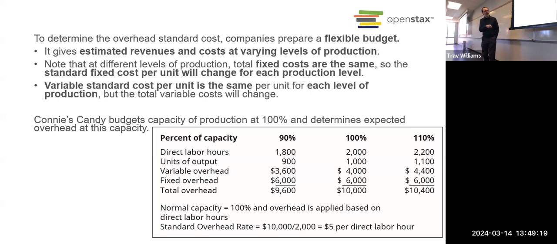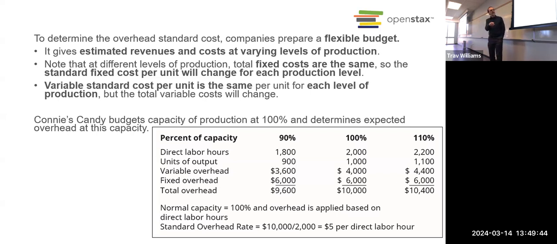We've got a company that normally produces at a particular level. That is what they're calling 100%. But they could actually increase their production up to 110% or down to 90%. So what they've done is looked at what's going to be the impact on their variable costs.